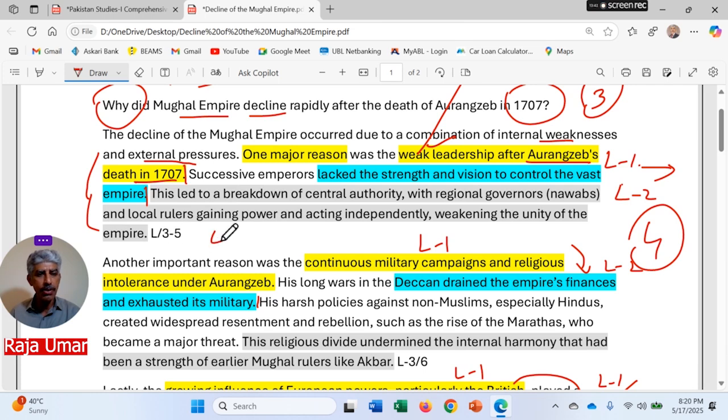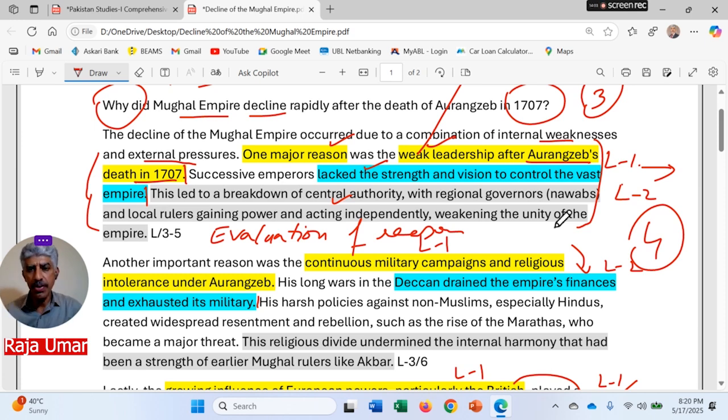So this is the evaluation. Evaluation of what? Of the reason, right? So reason, its development, and its evaluation. These three things make one good paragraph to explain one reason.